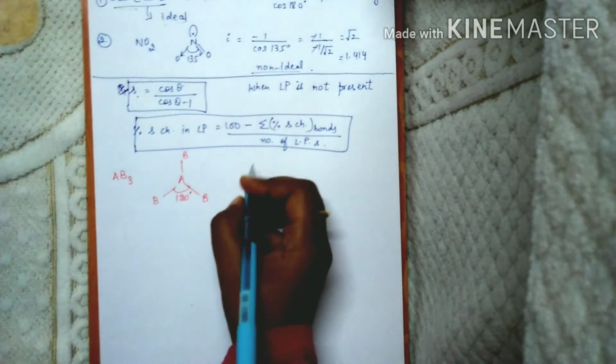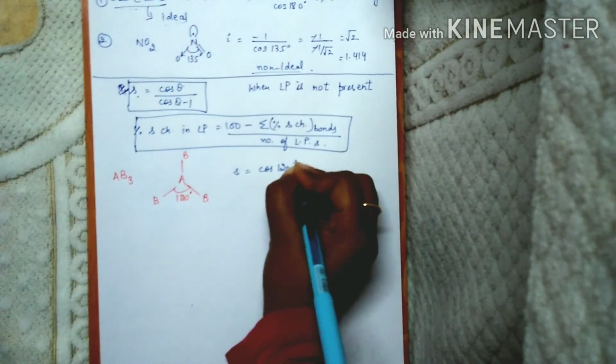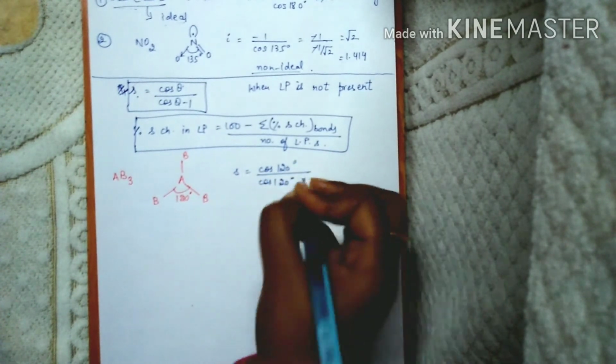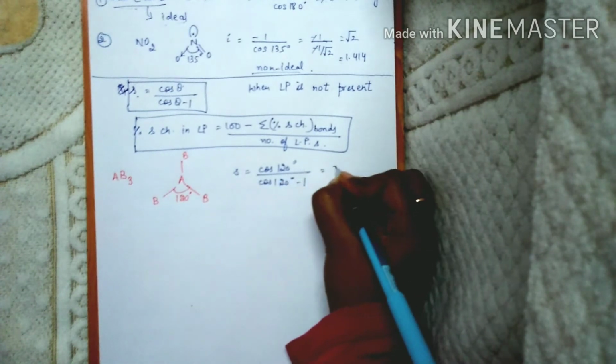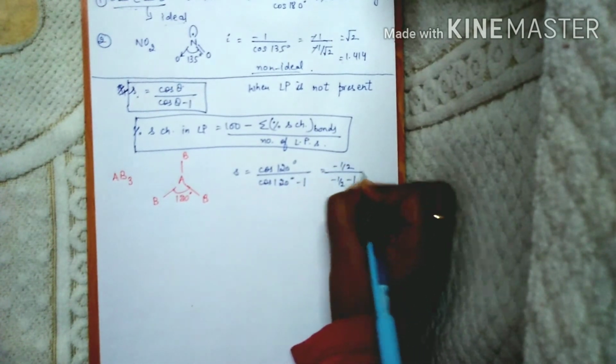S character will be equal to cos 120 degrees upon cos 120 degrees minus 1. Cos 120 degrees is minus 1 by 2, so minus 1 by 2 upon minus 1 by 2 minus 1.